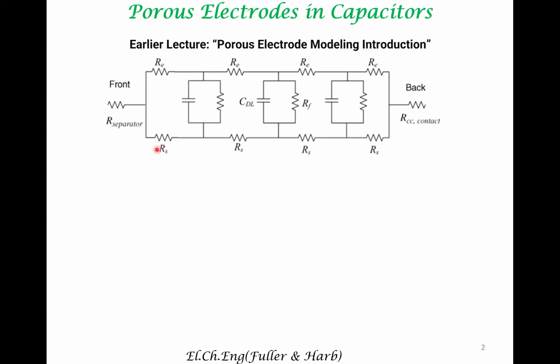Rs refers to the resistance for the flow of electrons in the solid part or the electronic conducting part of a porous electrode.